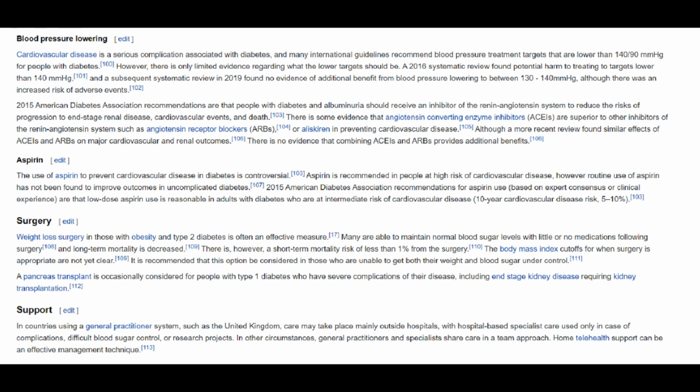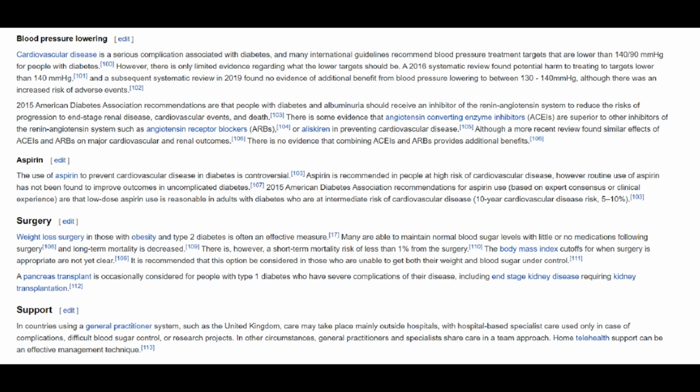Blood pressure lowering. Cardiovascular disease is a serious complication associated with diabetes, and many international guidelines recommend blood pressure treatment targets that are lower than 140/90 mmHg for people with diabetes. However, there is only limited evidence regarding what the lower targets should be.